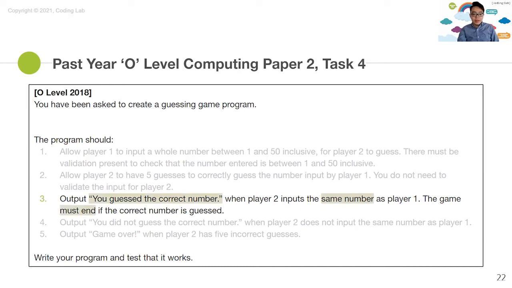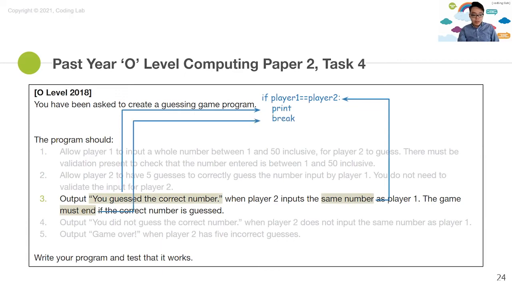We can have an if condition to print out the message if the condition is true. In order to end the game when a correct guess has been made, we are also going to have a break statement to exit out of the loop that we have in step 2.